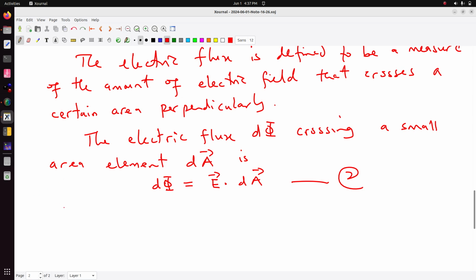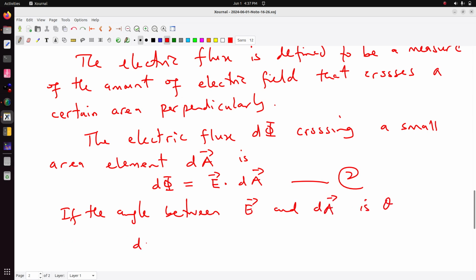Now, if the angle between the electric field vector and the area vector is theta, then we can write phi, the electric flux, as E A, that's modulus of E, modulus of A, cos theta, where theta is the angle between the electric field vector and the area vector.